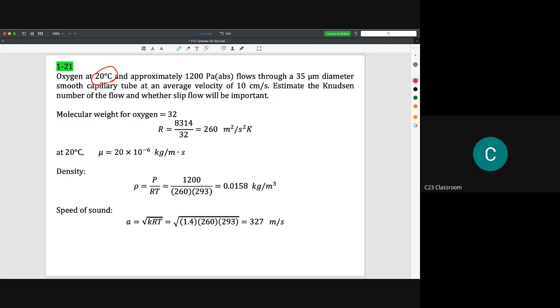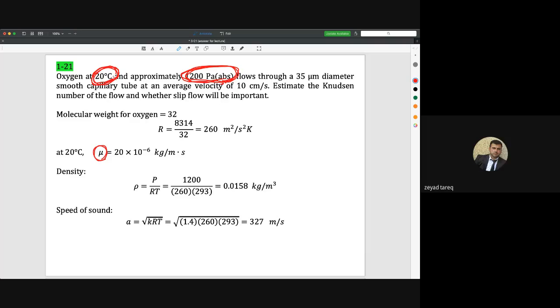For this one, 1200 Pascal absolute is actually a slightly vacuum condition. This is not 1 atm. So if you really need a very specific answer, you need to get the mu for the pressure and for the temperature here.